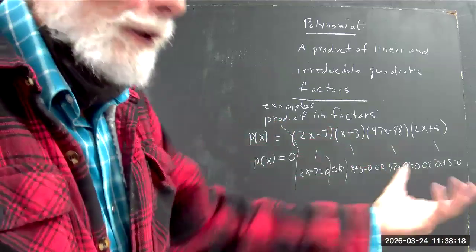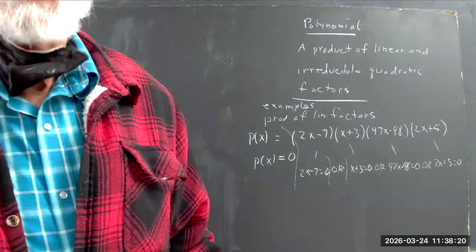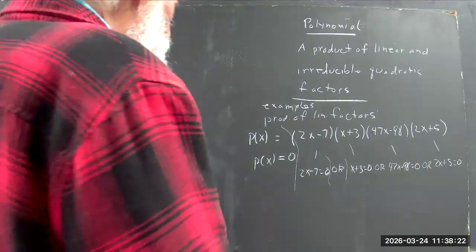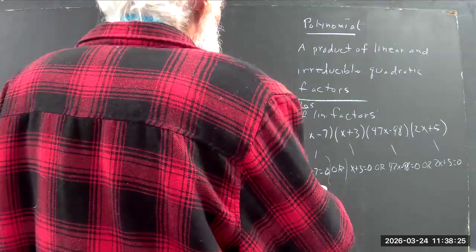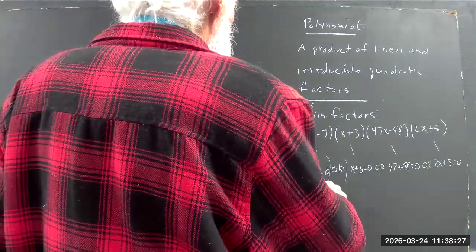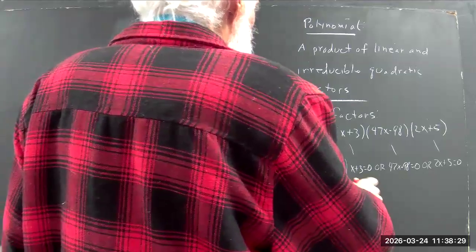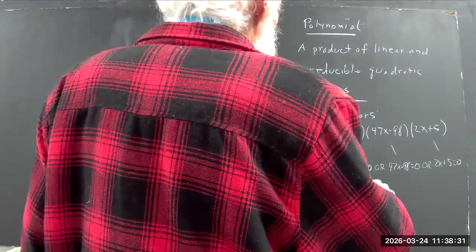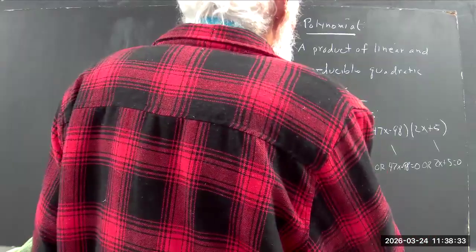And each of these is a very easy equation to solve. Linear equations are always easy to solve. So this gives us x equals 3.5. This gives us x equals -3.